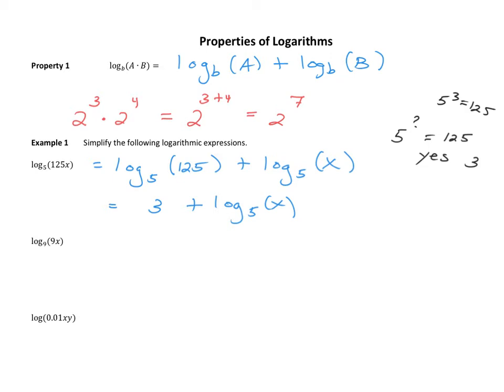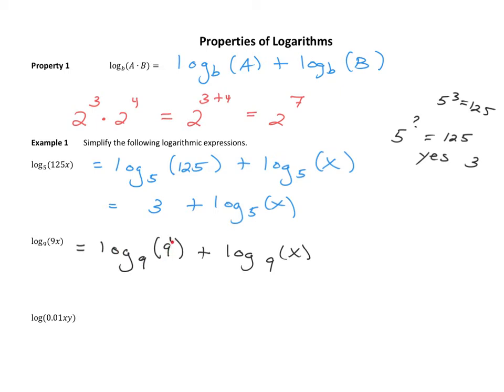Let's try this here. Log base 9 of 9x. So just like the previous one, this is log base 9 of 9 plus log base 9 of x. So we're pretty close to being done here. I can't simplify this, but over here, log base 9 of 9, well, that's really 9 to the 1st.